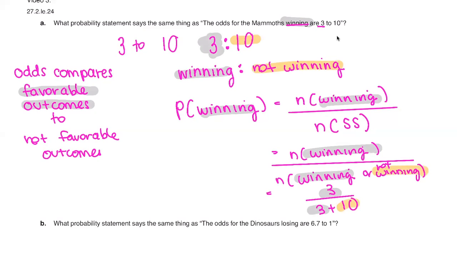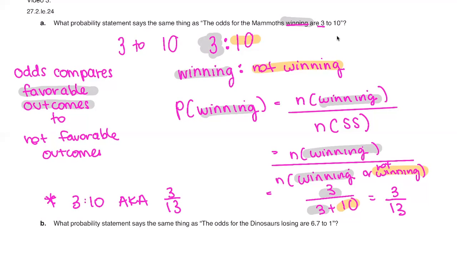So the probability, which says the same thing as 3 to 10 for winning, is 3 over 13. Writing a little subtlety here. The odds 3 to 10 is the same as, AKA, it's also known as the probability of 3/13. The 13 comes from 3 plus 10.